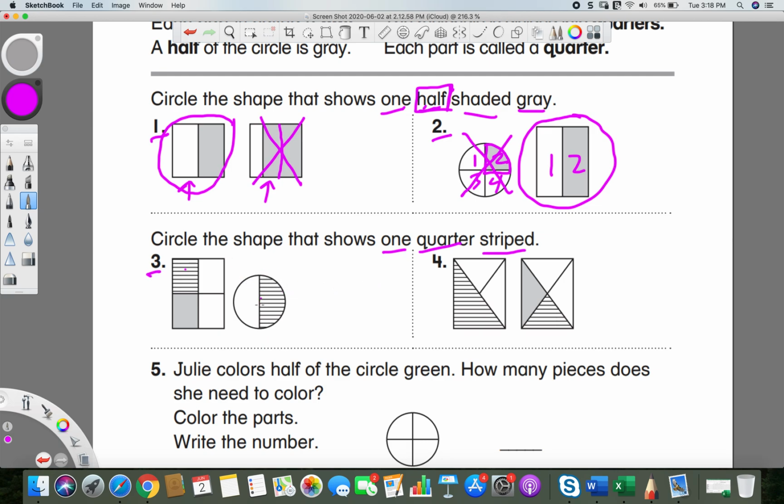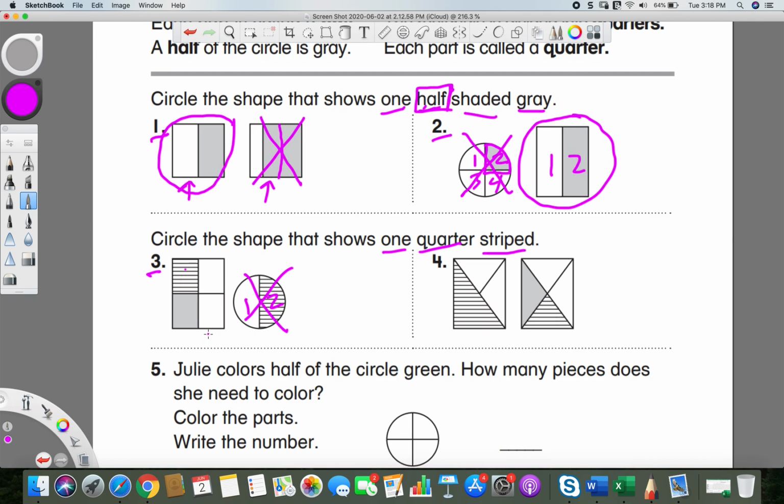So if we look at these shapes, we can see that the circle is cut into halves, right? It has 1, 2. 2 pieces, so it's cut in half. Are they looking for halves? Nope. So this cannot be it. What about this square? Is it cut into halves or quarters?